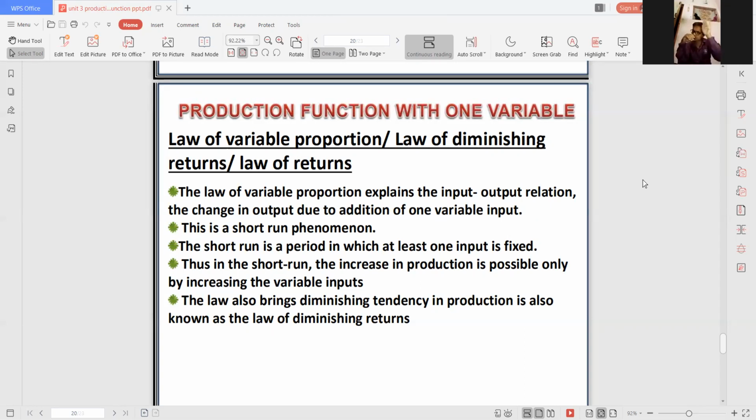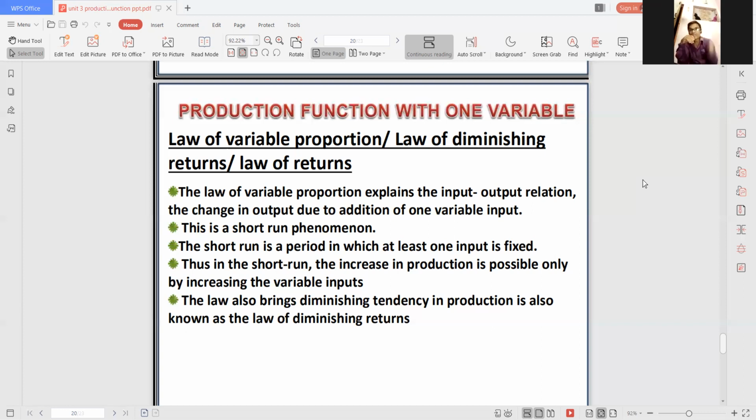If all the variables are changeable, then such a phenomenon is considered a long run phenomenon. As I said in the last class, in the long run we can change the land of the organization, the equipment and machinery capacity, the labor volume, the capital intensity, the plans and procedures and everything, so that we can change the entire picture scenario of the organization. This is considered the long run.